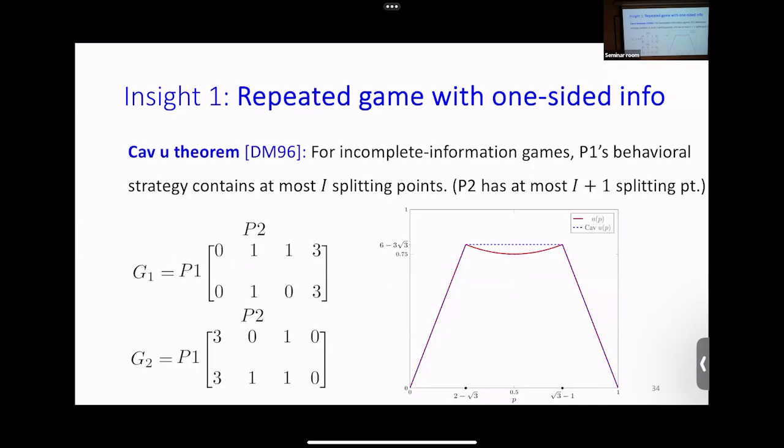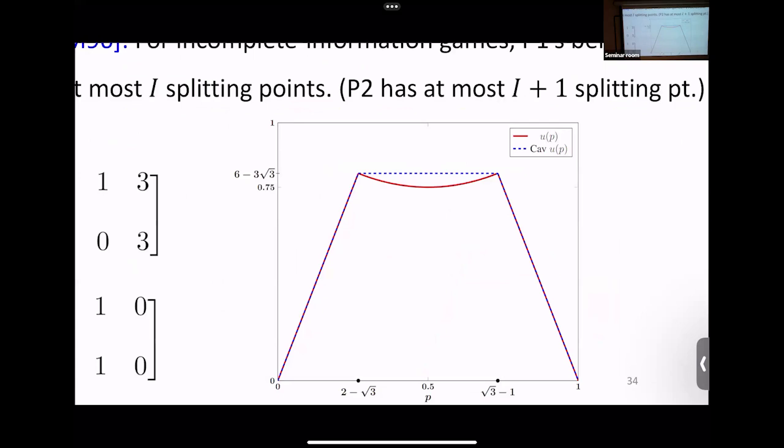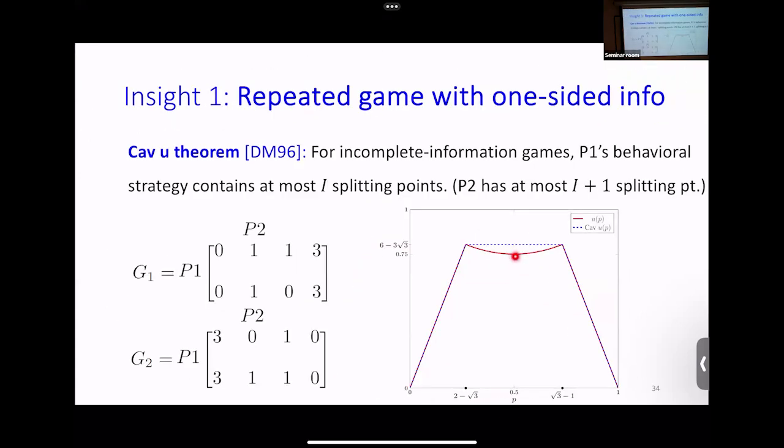Now, to find this type of mixed strategy to manipulate the belief, how many actions do you need? As a matter of fact, you only need at most I actions, because to convexify, or concavify in this case, the value function in an I-dimensional simplex, right?